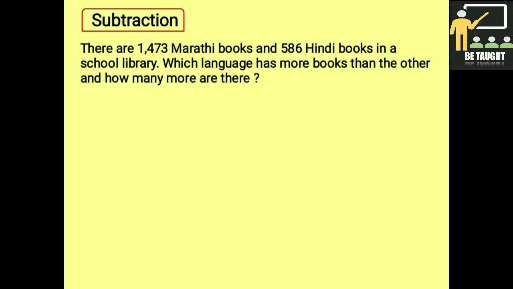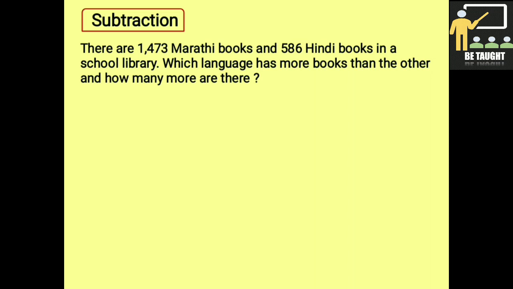Our first example. There are 1,473 Marathi books and 586 Hindi books in a school library. Which language has more books than the other and how many more are there?